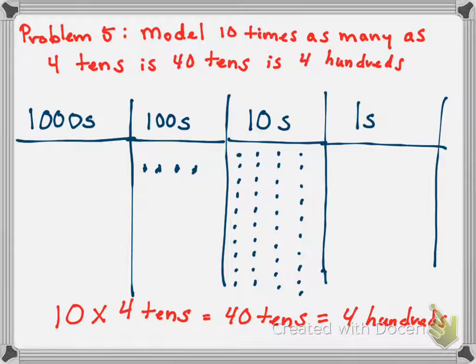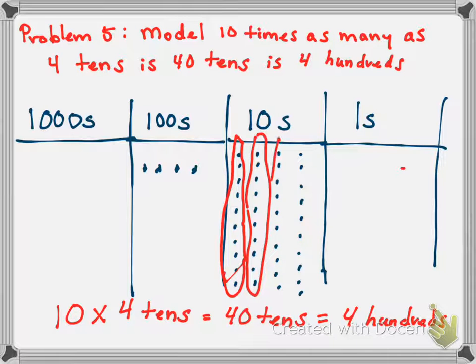In problem 5, we need to model 10 times as many as 4 10s is 40 10s is 4 hundredths. So if we go in the tens column in our place value chart and we see our chips, let's bundle our chips up. We've got a group of 10 here, another group of 10, another group, and our last group of 10. How many groups of 10 do we see?